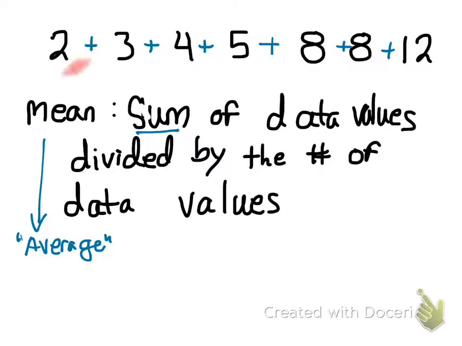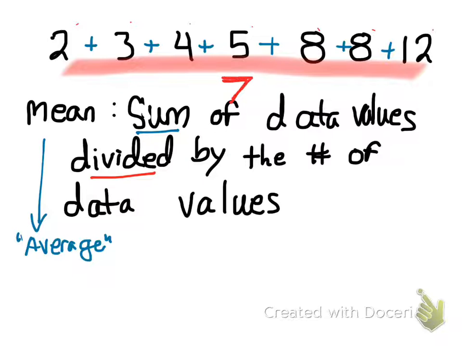Then we're going to divide the sum by the number of data values. So how many numbers are there? There's 1, 2, 3, 4, 5, 6, 7. There's 7 different numbers of data values. So we're going to add 2 plus 3 plus 4 plus 5 plus 8 plus 8 plus 12, and then divide by 7. So that equals 42 divided by 7, which equals 6. So our average, or our mean, is 6.